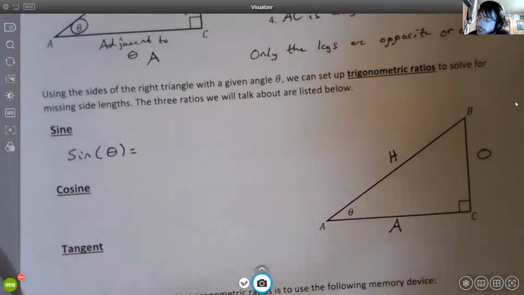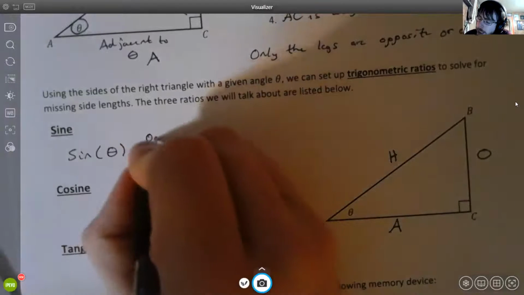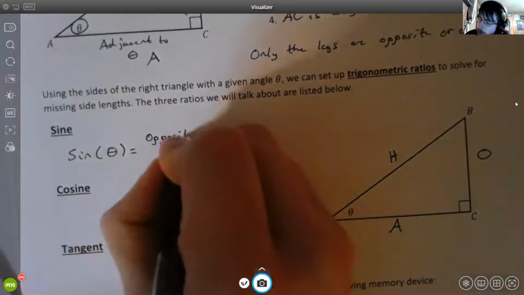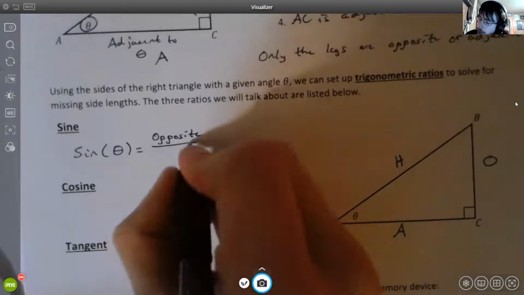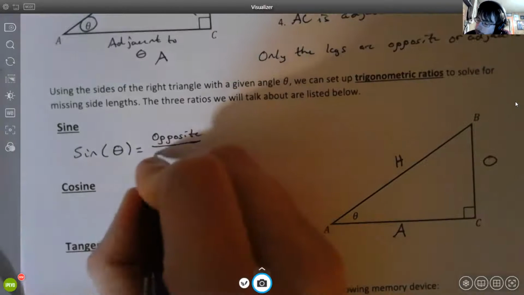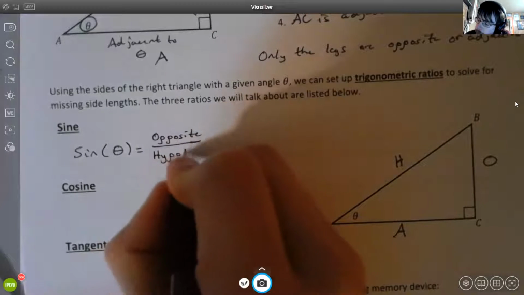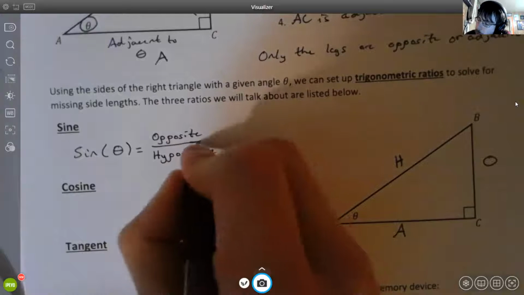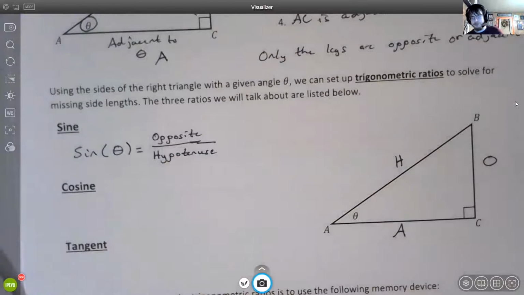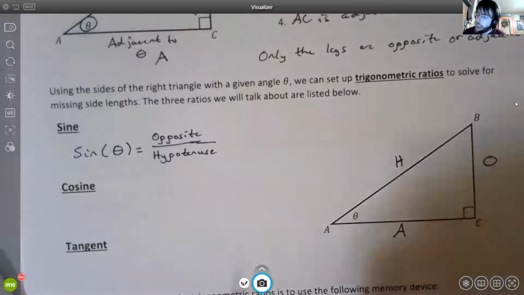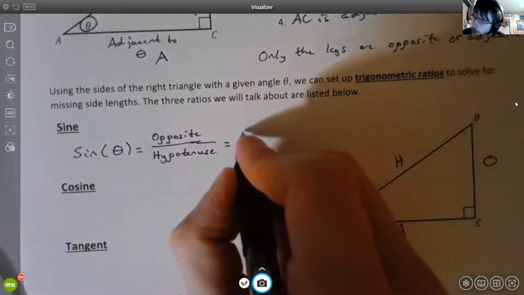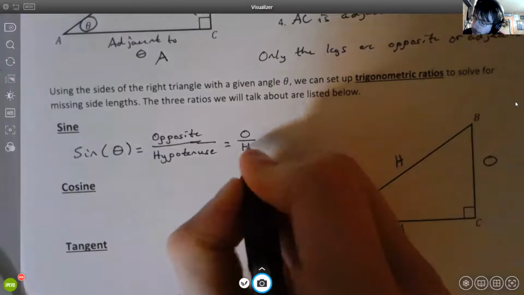And we say that that's equal to the opposite side divided by the hypotenuse. And using our abbreviations, that would be O over H.